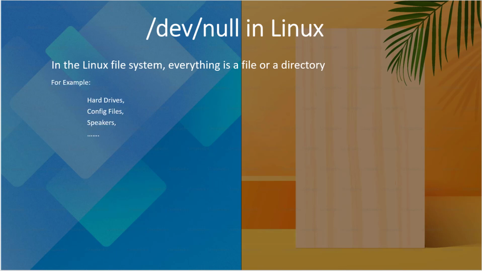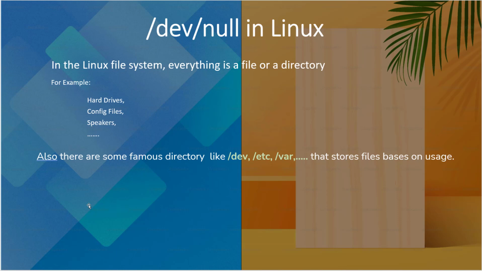In other words, Linux's behavior with them is a behavior with a file. For example, as you see here, hard drive, config files, speakers, from the Linux perspective are files.